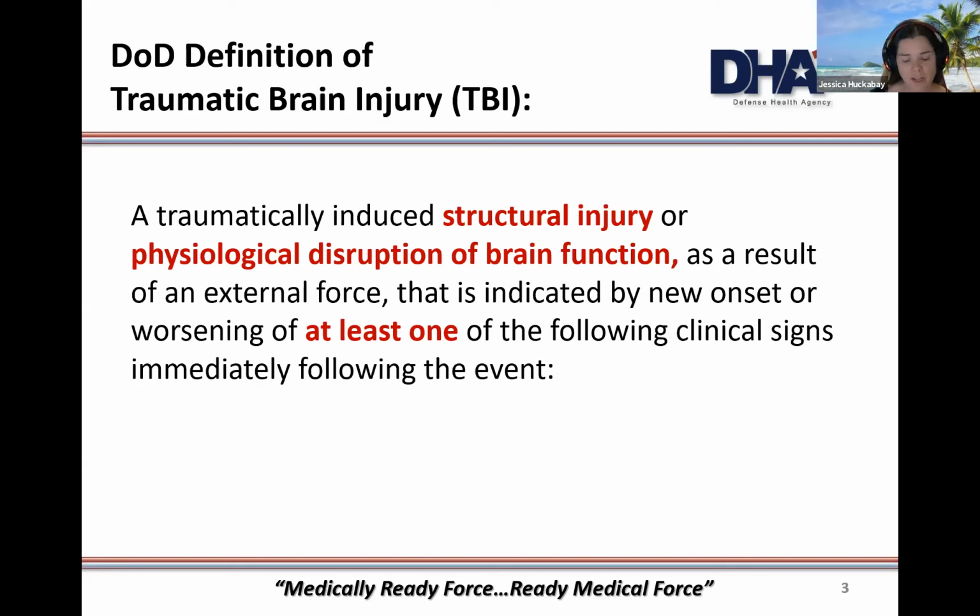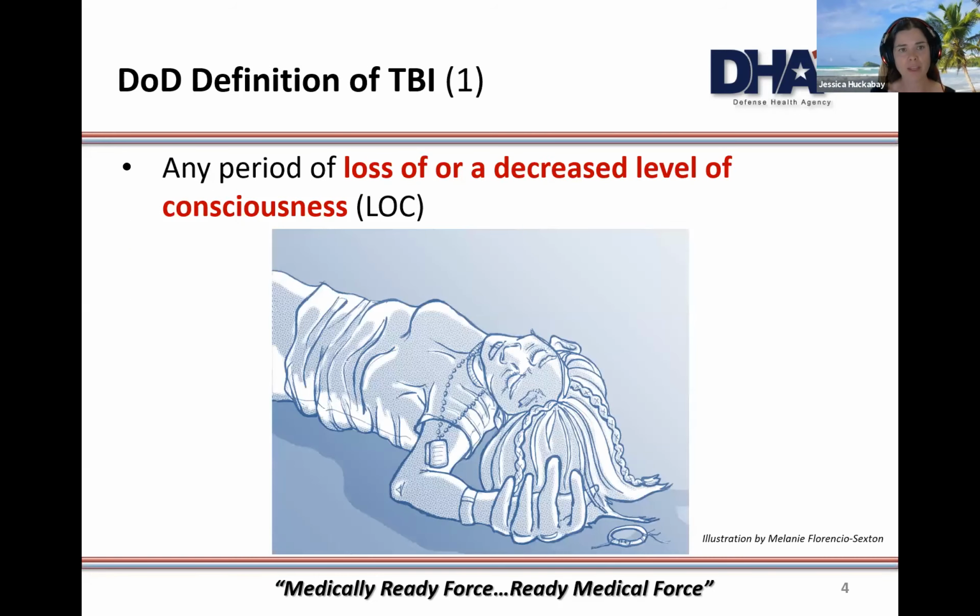You'll often hear traumatic brain injury or concussion described as an invisible injury or an invisible wound of war, because more often than not, TBI cannot be seen physically, except for the cases of those penetrating or open head wounds. All right.